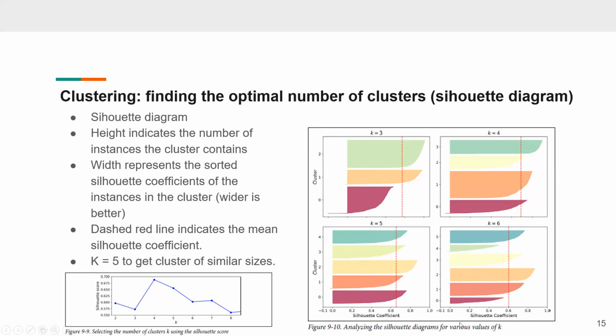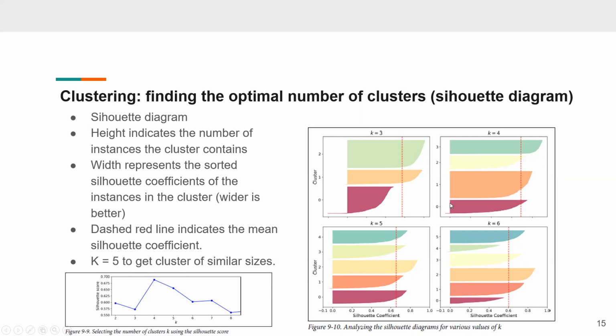Number 1, it has similar height, meaning a similar number of observations in each cluster. Number 2, the width is wide. Number 3, all the maximums of the width lie on the right of the red lines, meaning it's beyond the red lines. So from this, we select k equal to 5 as the best number of clusters.